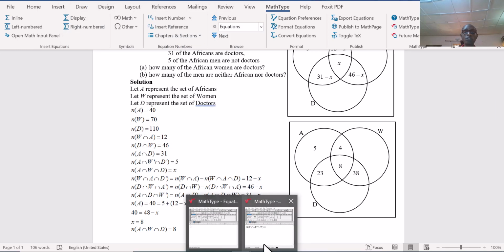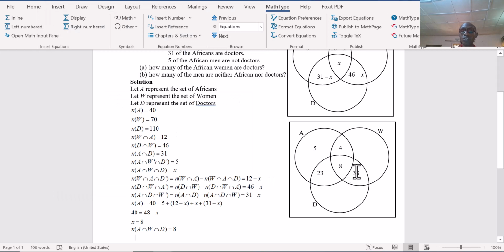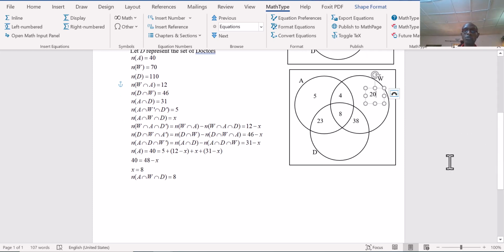So that's 70 minus, just subtract, that's 4 plus 8 plus 38, that's 50. 70 minus 50 will be 20. So that place is 20. So I will need to write 20 here. That is done now. I've been able to get that portion.